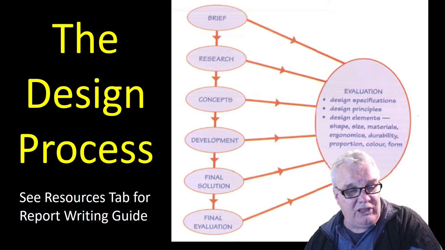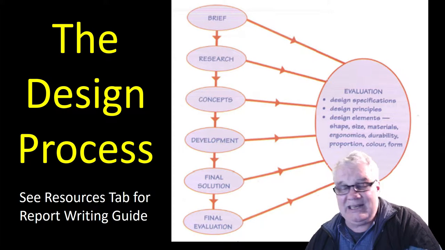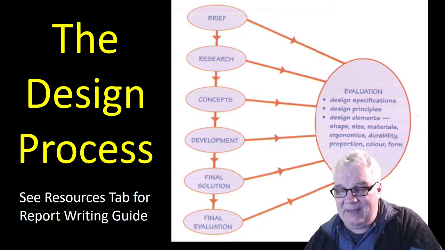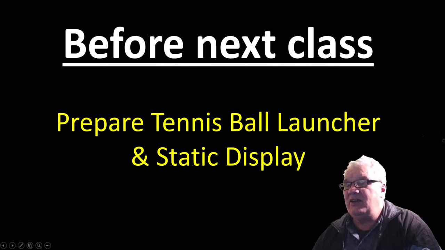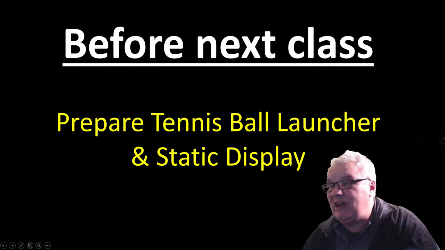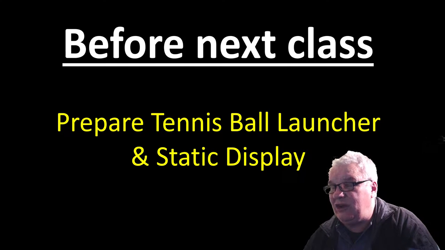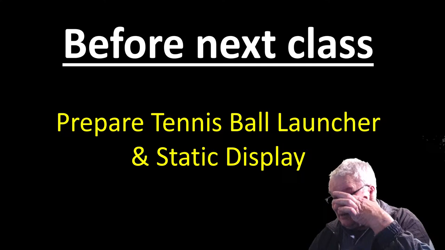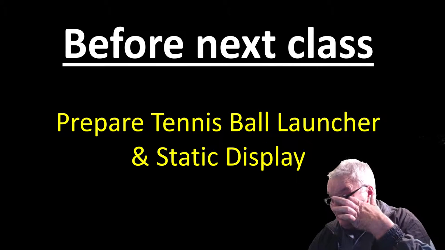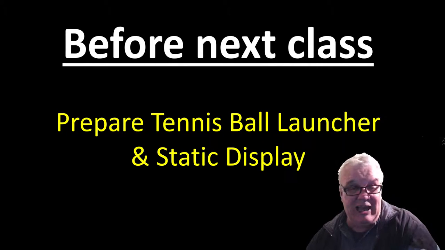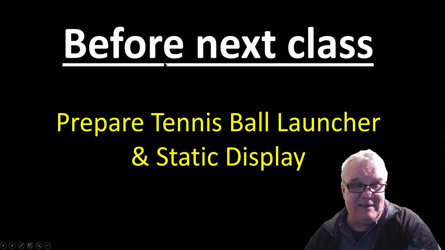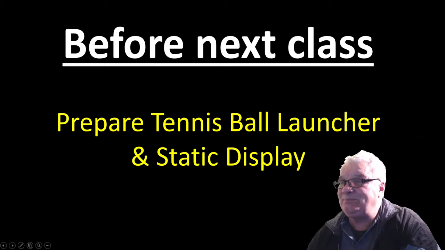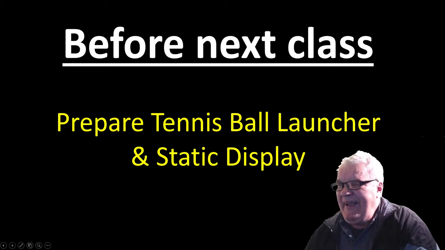Get people using their strengths to the benefit of your team and getting the weaknesses covered by other people who are stronger in that area. Okay, before next class, prepare the tennis ball launcher and static display for the next part of the session. That's coming up next, presentations today, and tennis ball launcher and static display next time, later in this week.